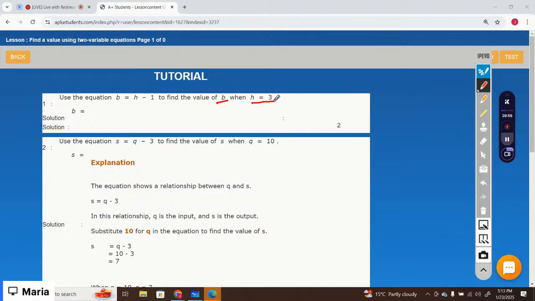Find the value of b when h equals 3. So replace the value in the equation b equals h minus 1, h is 3. That is 3 minus 1. 3 minus 1 is 2. That means when h equals 3, b equals 2.